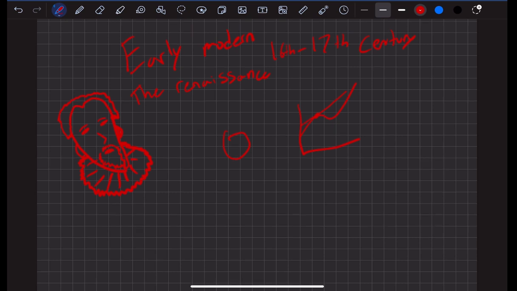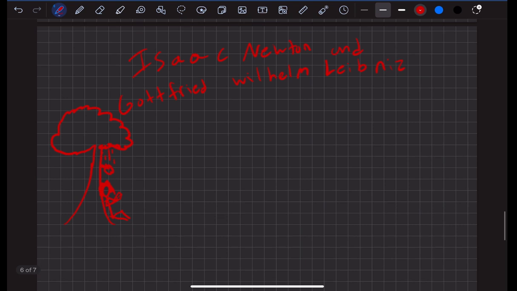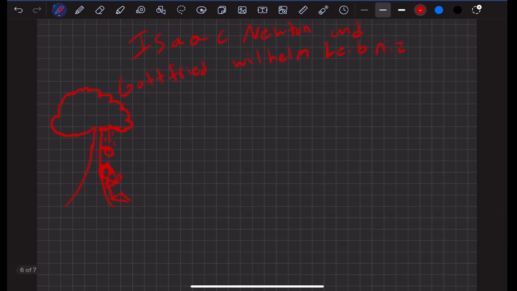And then from a lot of the ideas that were built up in the early modern period, we finally get to Isaac Newton and Gottfried Wilhelm Leibniz in the 1660s and 1680s, when they independently discovered the theorems of calculus.